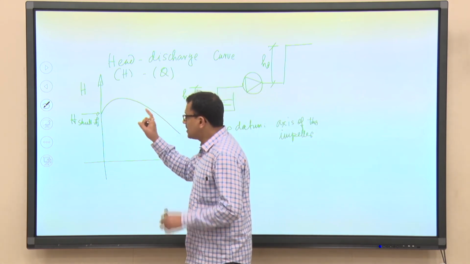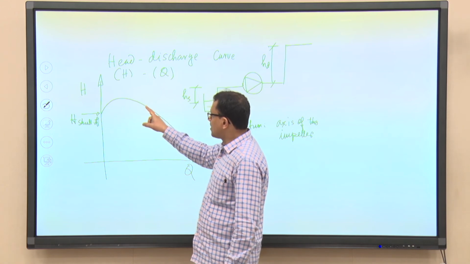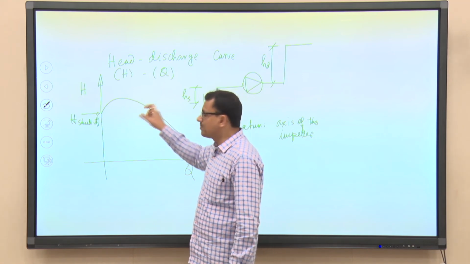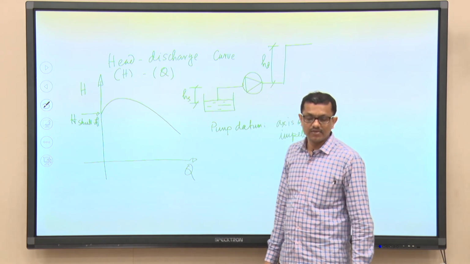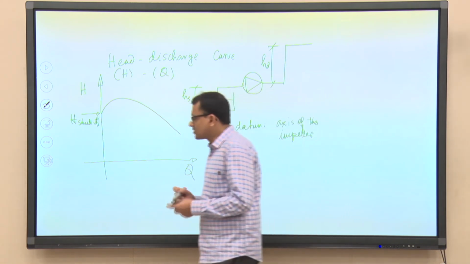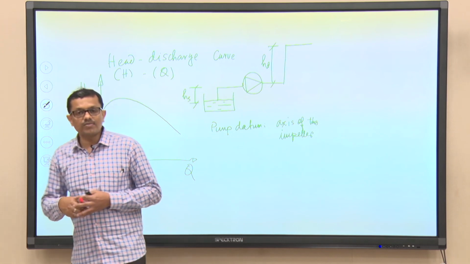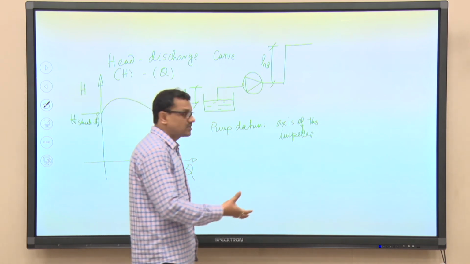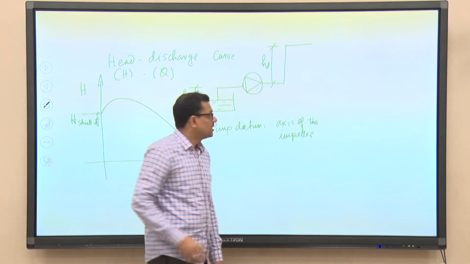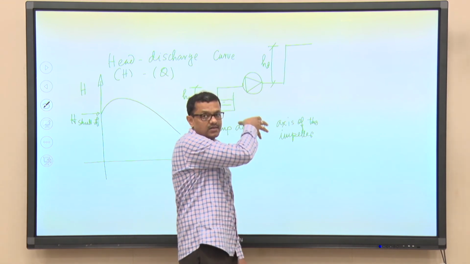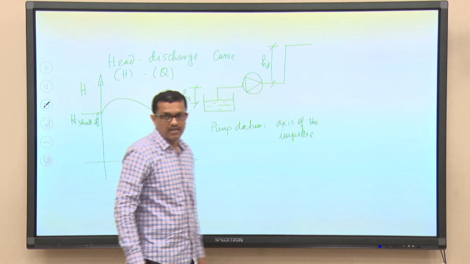Now, this is the pump's own H-Q characteristic curve, and we try to superimpose the H-Q curve of the system itself, the system in which the pump is placed to supply water from one place to the other.